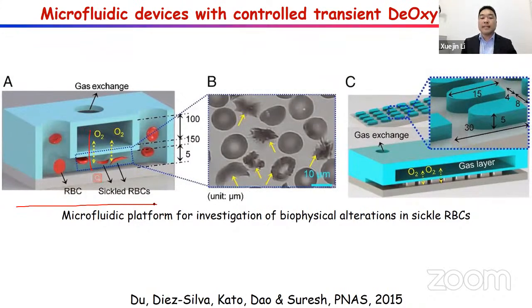And using this device, they study the cell sickling and unsickling process, and identify cell sickling from the microscopic image shown in the middle of this figure. The yellow arrows indicate the sickled red blood cells, like these classical sickle shapes and these granular sickle shapes. All of these cells are sickled cells.